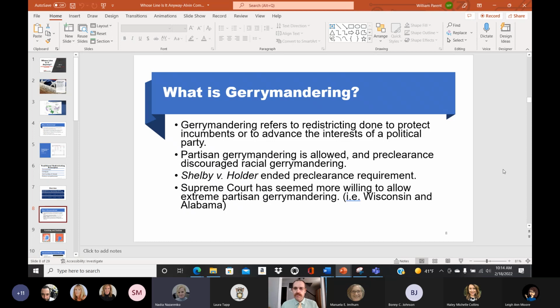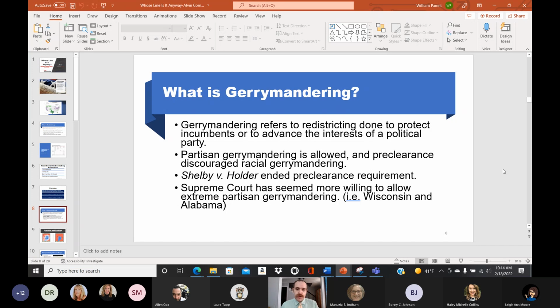This process of redrawing district boundary lines has a rich history in our nation's history, which is around 200 years old, and goes back to the early 19th century. The courts have ruled on gerrymandering over the last 60 years at this point, and it's interesting to see that evolution occur.